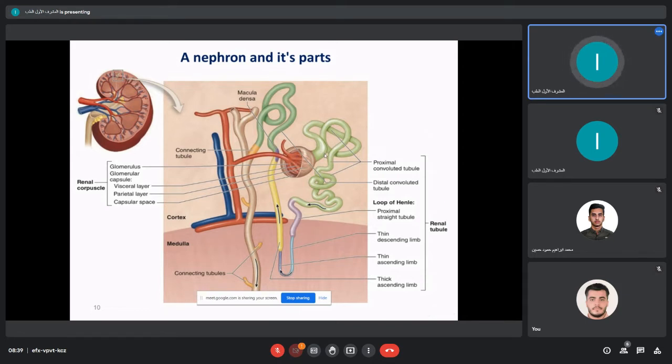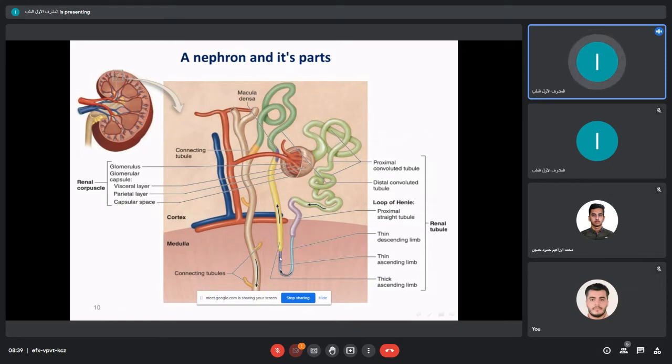It is long and also located in the cortex. It has a short straight part before it enters into the medulla as the loop of Henle. So the next part, the loop of Henle, is a U-shaped structure that lies within the medulla.